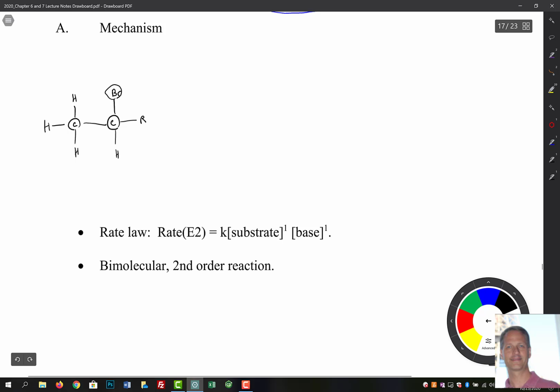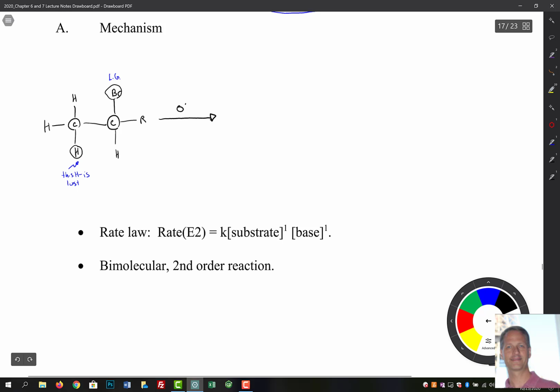Just to highlight a couple of things, the H that's going to be lost is at this position. Here is our LG, that's your leaving group, and here's the H atom that's lost. The type of base we're going to use is a strong base.